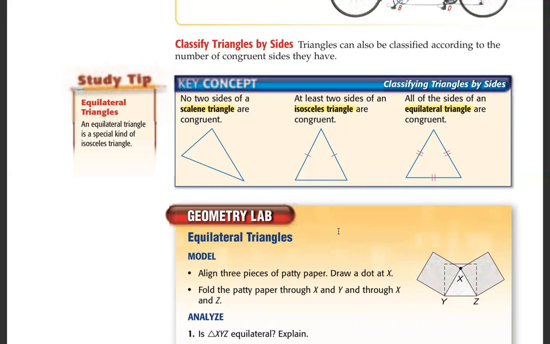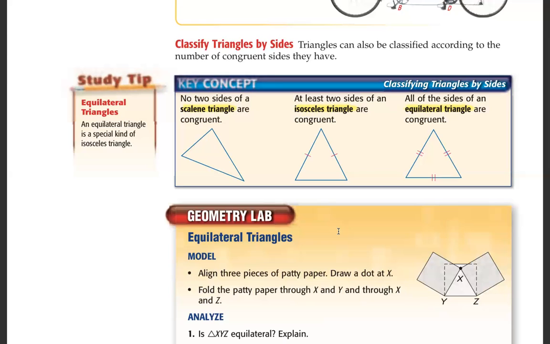And then we have isosceles triangle. I know you're familiar with these terms. This is not the first time that you heard these terms. An isosceles triangle is when you have at least two sides that are congruent. So if there are two congruent sides, then we call it isosceles triangle.